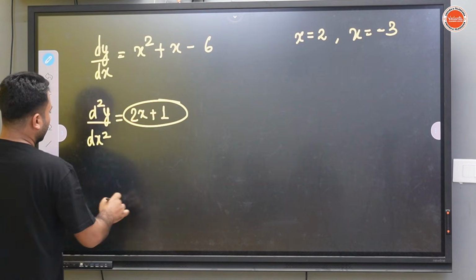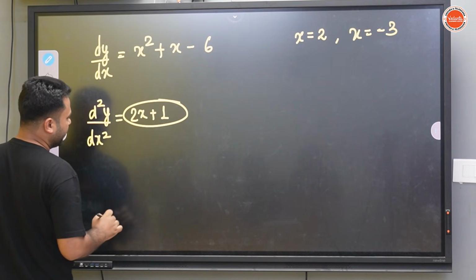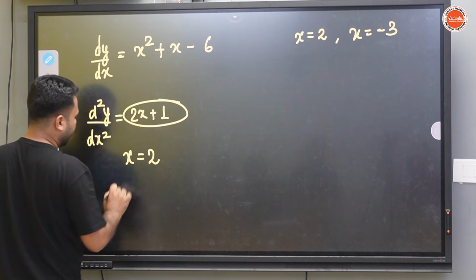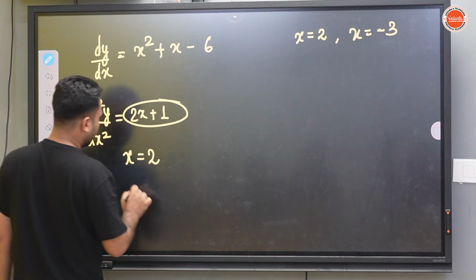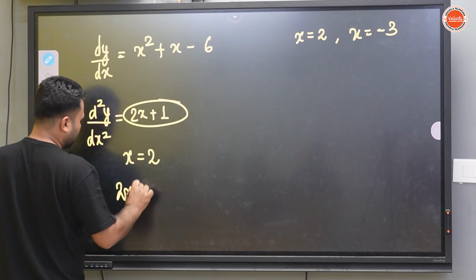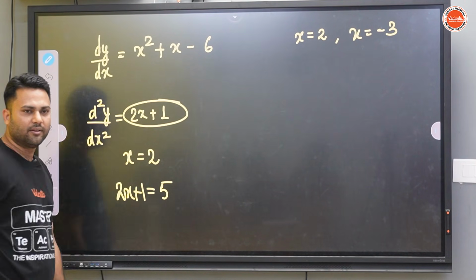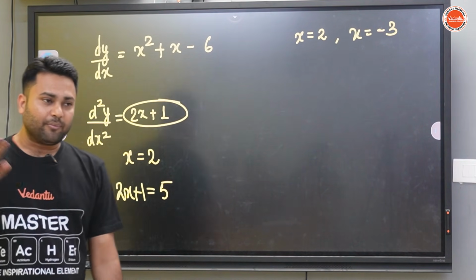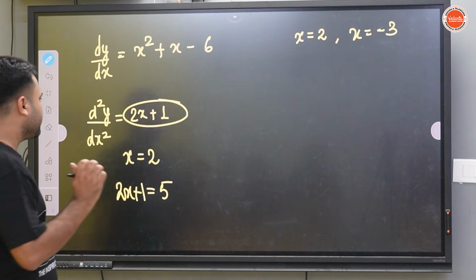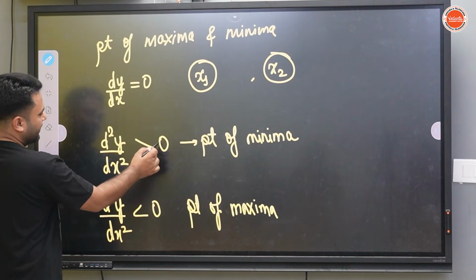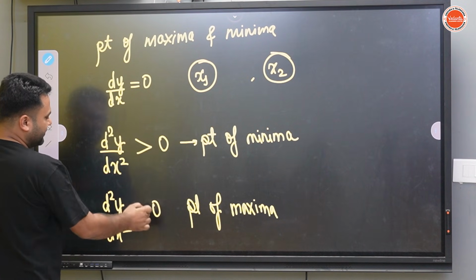Now you check with these values. If I put x equals to 2, then 2 times 2 is 4, plus 1, that is 5. So this 2x plus 1 comes out to be 5. This is positive, and positive means it is a point of minima. If d2y by dx square is greater than 0, it is positive; less than 0 means negative.